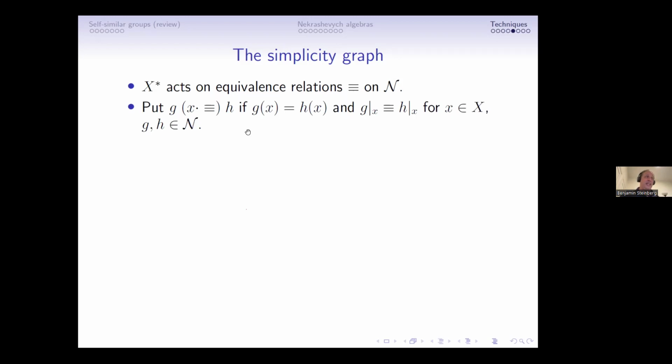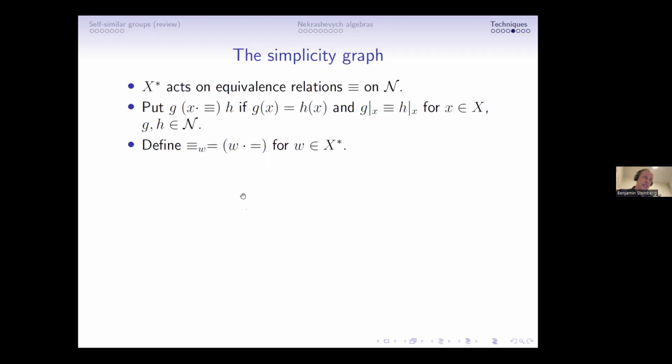I define it on a letter x by saying that x times an equivalence relation makes G and H equivalent if, first of all, they permute x the same way, and secondly, their sections at x are equivalent for the original relation. So acting by x means that to be equivalent after you act by x, your sections on x are equivalent, and you do the same thing with each letter.